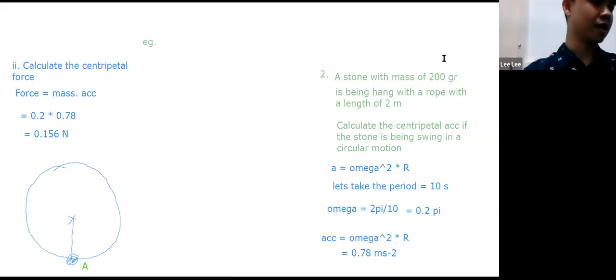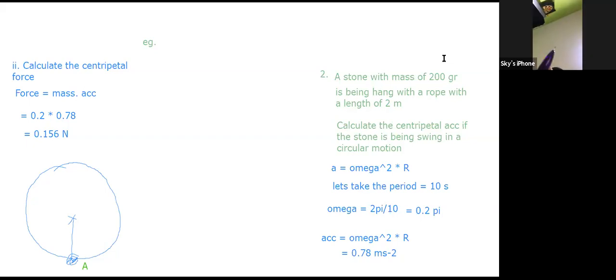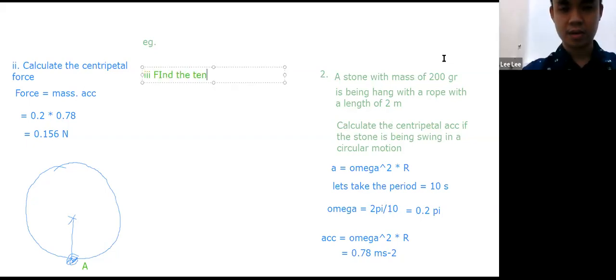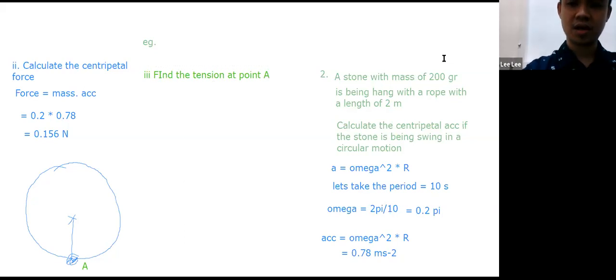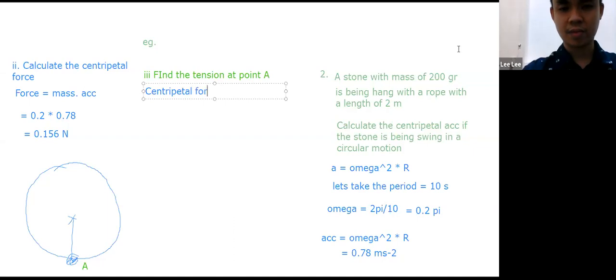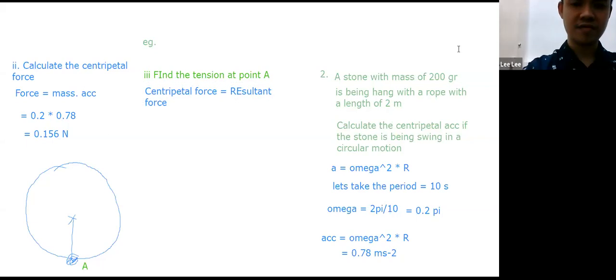Let's say that is point A, and the question asks you to find the tension at point A. The centripetal force that you have found is the resultant force. So centripetal force equals resultant force. In that case, how is the resultant force? If I say tension minus weight, do you understand?